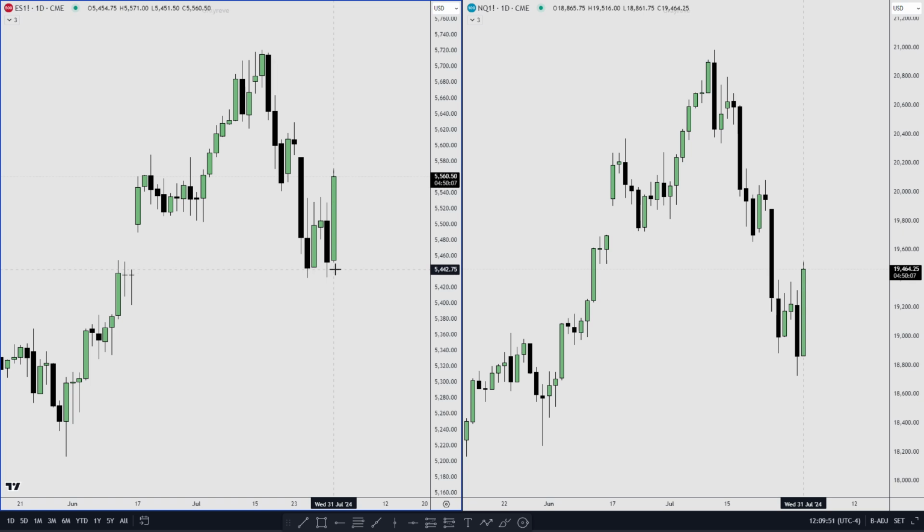Okay, and if this is true, this by itself is your false market structure shift. So if you are ICT, this would be your 2022 model.